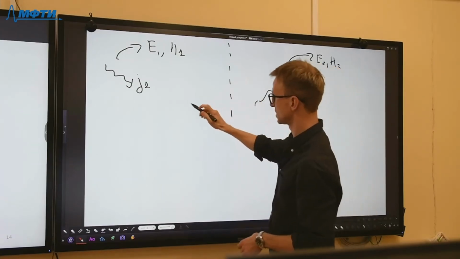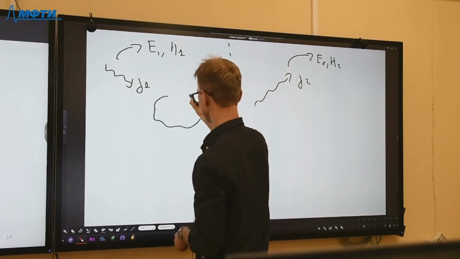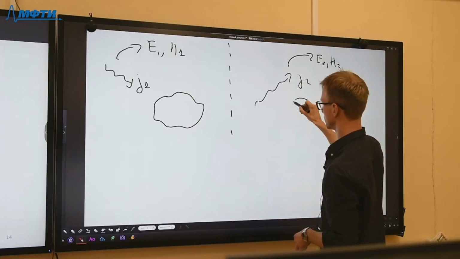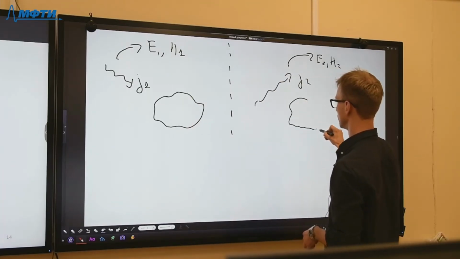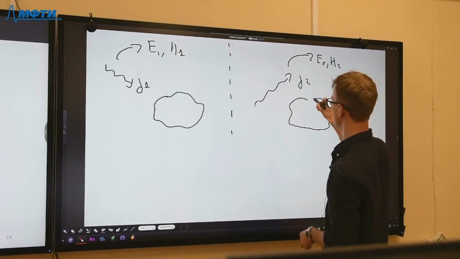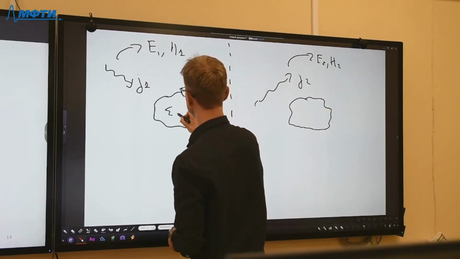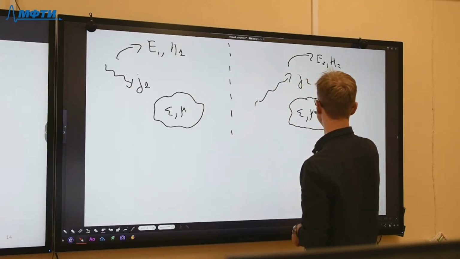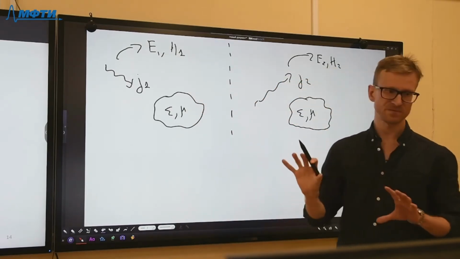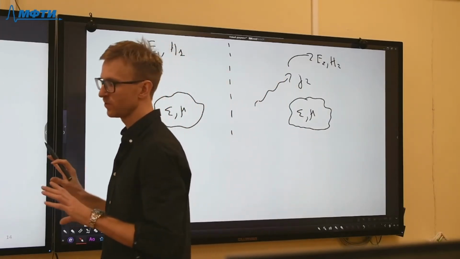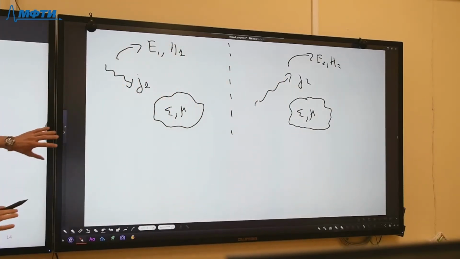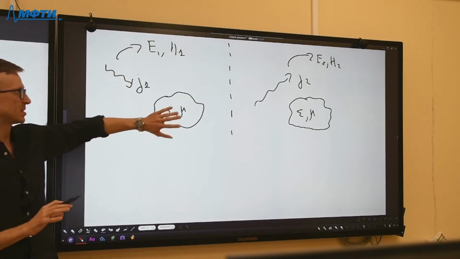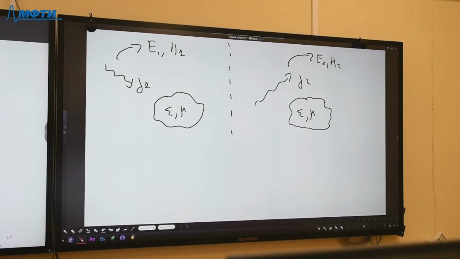But the system is the same. The structure, the environment is the same. I'm going to try to replicate whatever I draw here on this side of the universe. So this is some epsilon mu, and these are the very same epsilon mu. So we have the same structure, but first we place some currents in the structure, and then we place a different distribution of currents in the same structure.